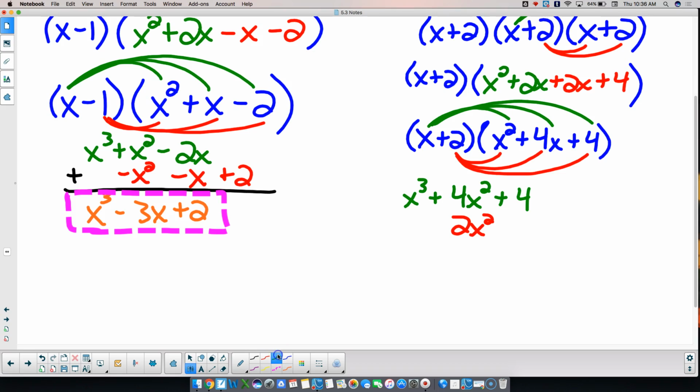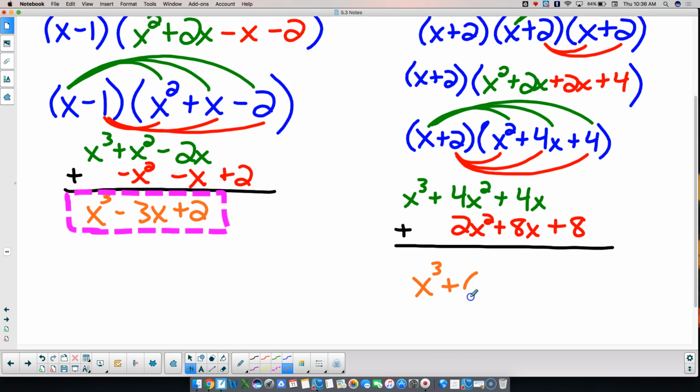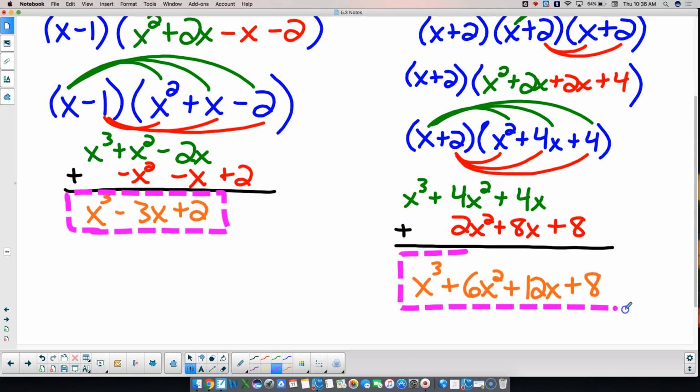Oops, that should have been an x on this one. Plus 8x plus 8. X cubed plus 6x squared plus 12x plus 8. Okay.